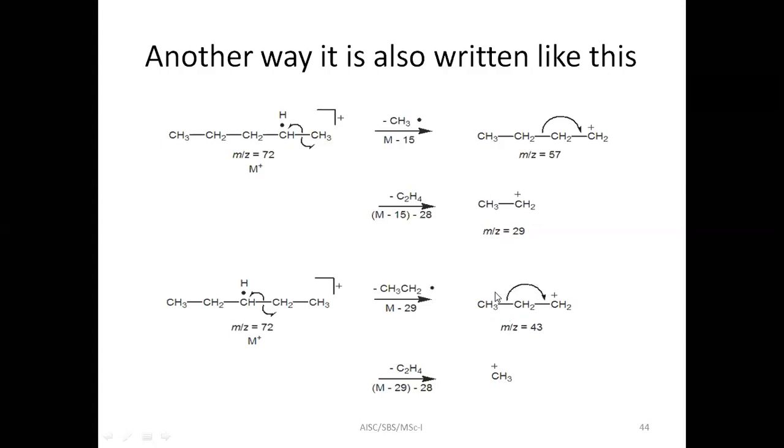So you're getting the positive charge shifted on CH3. In the same way here also, this bond shifts towards the middle to make ethene with CH2 positive. A loss of 28 from that 57, you will get the 29 peak, or from this you will get 15 for this fragmentation.